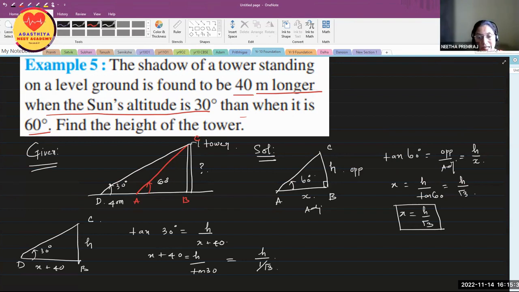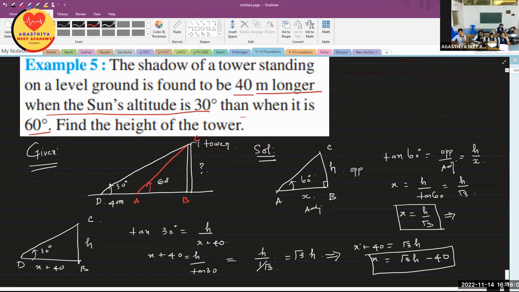So you can write root 3 h. Wait, I'll write some more steps, you will be clearer. So x plus 40 is equal to root 3 h. So x is equal to root 3 h minus 40, isn't it?